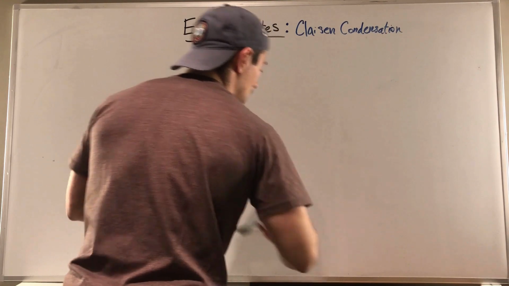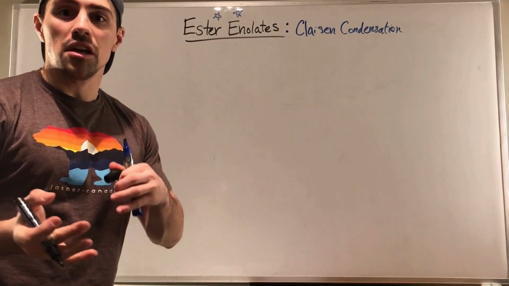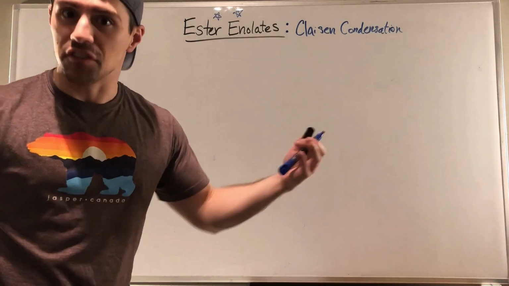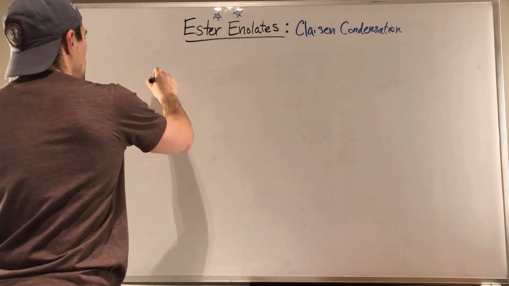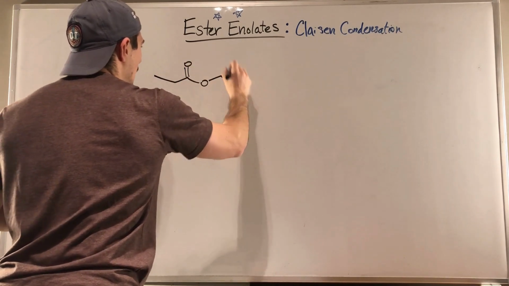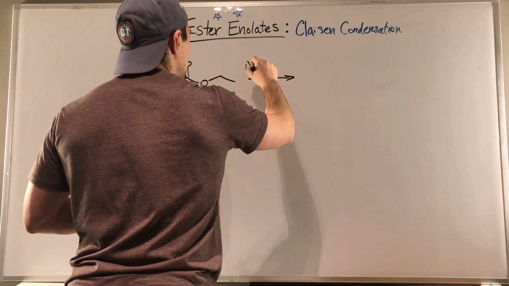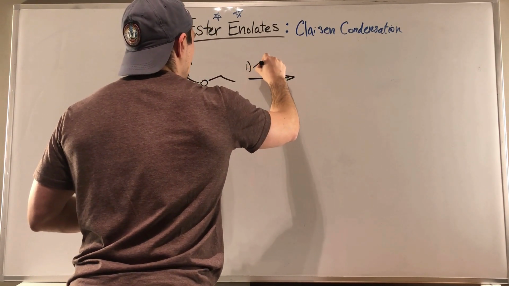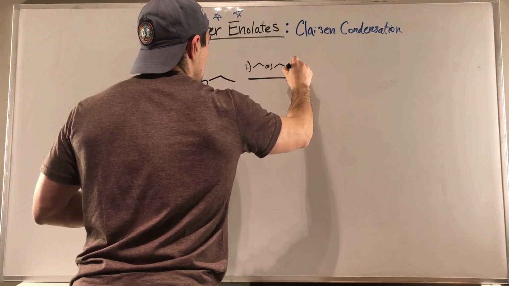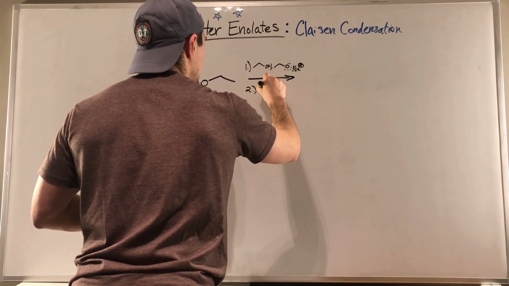Okay, so let's dig into the Claisen condensation. Let's do an example, and then I want to talk about some requirements, not tricks I would say, but characteristics of the Claisen condensation. I'm going to bring back that same ester, and very similar conditions: ethanol and that ethanoate right here, and then a second step of acidic workup.